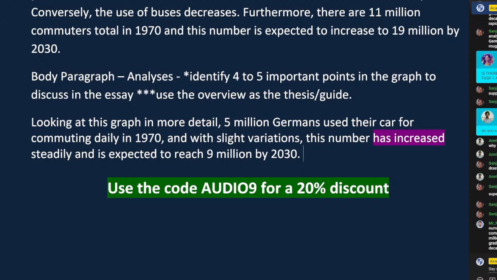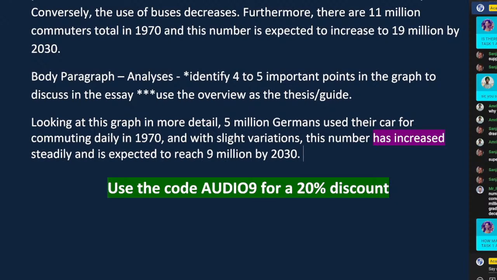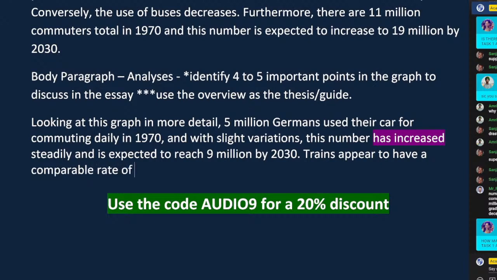Okay, so now that comparison to trains, right? Trains also increasing. All right. So trains appear to have a comparable rate of increase to cars, just with lower numbers.